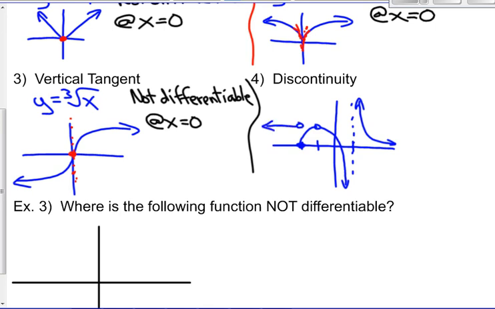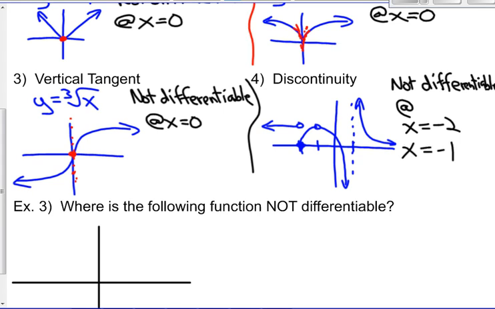Okay. This is not differentiable at x equals -2 because of the jump discontinuity. It doesn't go to the same slope from both sides at x equals -2. Okay. It's not differentiable at x equals -1.